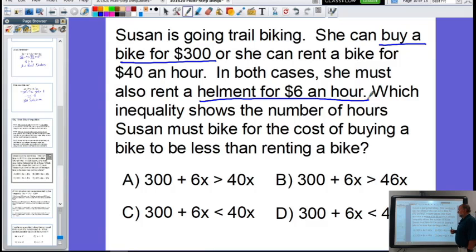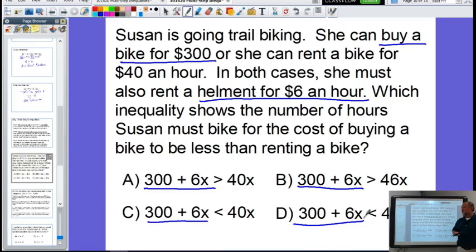So for that particular one, do you see anything in the answer choices that tells us $300 plus $6 an hour? Okay, well, if you look here in A, it's right there. In C, in B, and D, every one of them, it's got that. $300 plus $6 an hour.